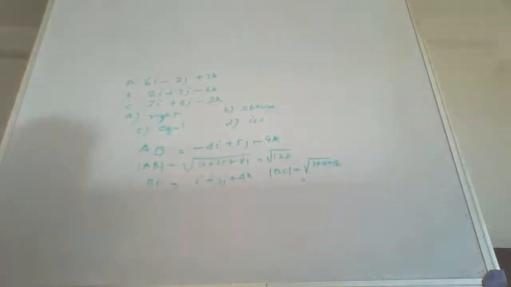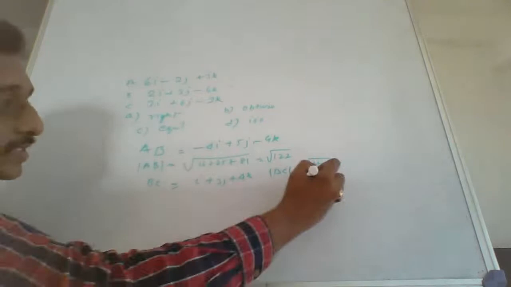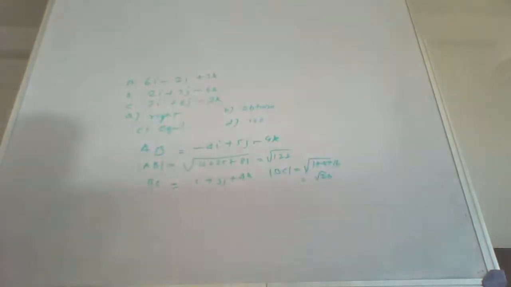So this results to root 26. So we have found AB and mod of AB, and BC and the magnitude of BC, that is root 26.